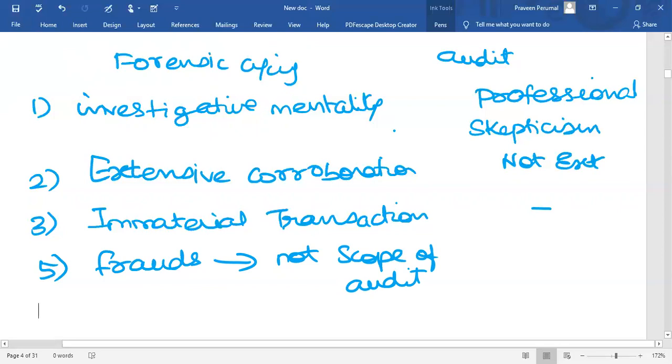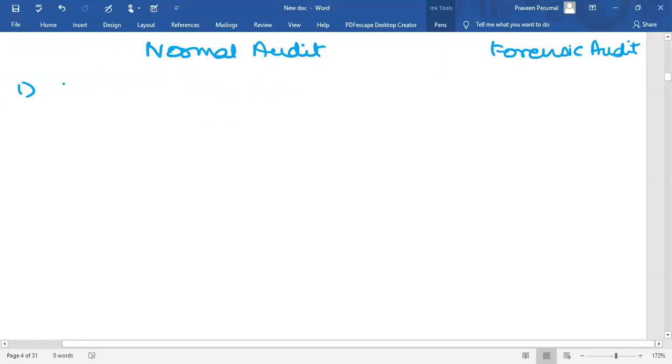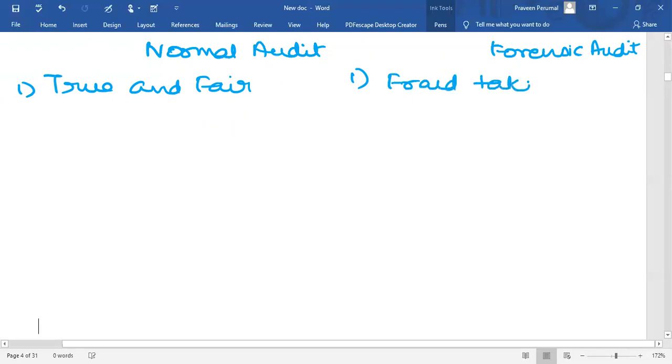What's the difference between forensic audit and the other audits, normal audit? Normal audit versus forensic audit. First, the objective. Objective of a normal audit is to express an opinion. What is the opinion? True and fair presentation. Whereas in a forensic audit, the objective is whether fraud has taken place or not.